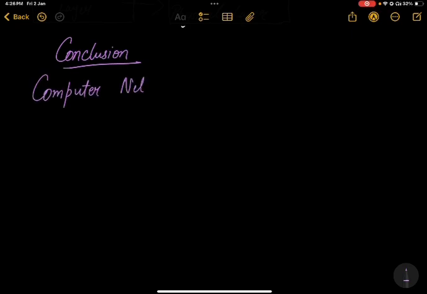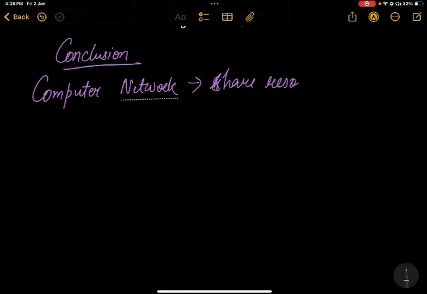So, as a conclusion to this chapter, computer networks enable devices to communicate and share resources efficiently.